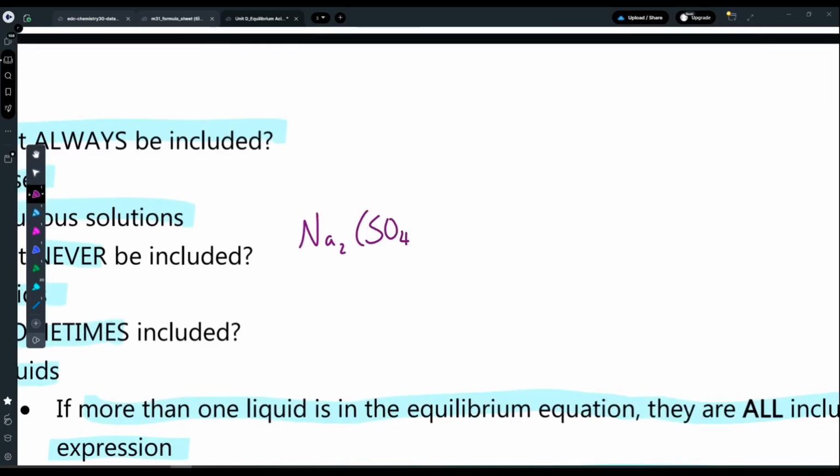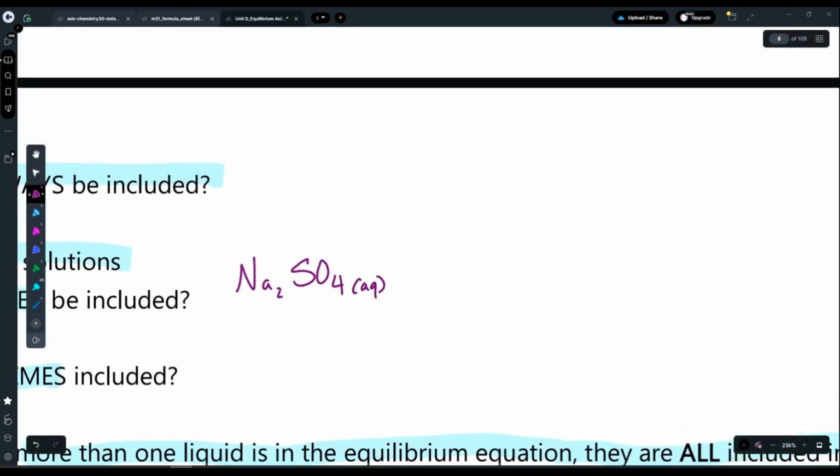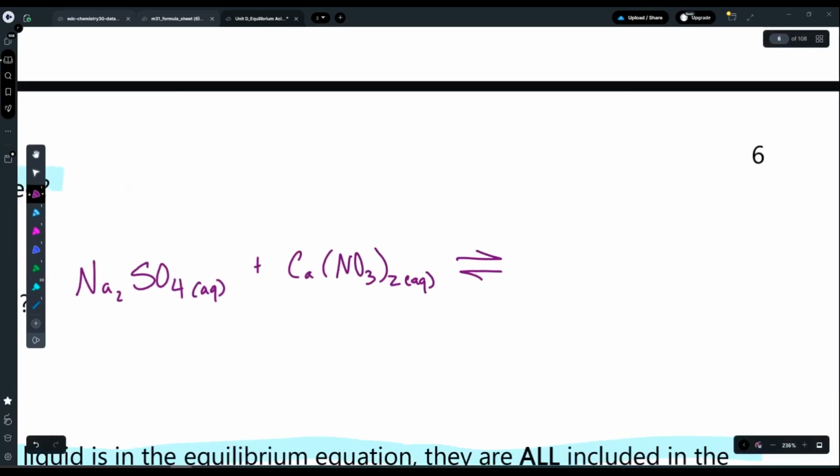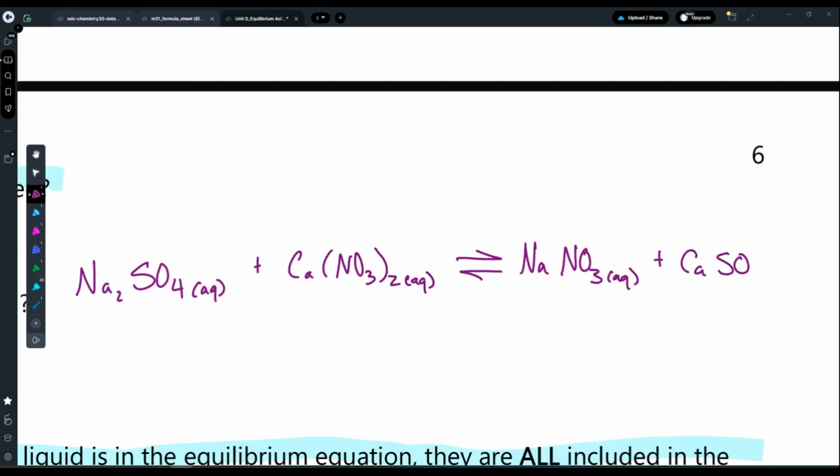sodium sulfate, aqueous, and you have calcium nitrate, aqueous, and it's in equilibrium with sodium nitrate, aqueous, and calcium sulfate, which is insoluble.